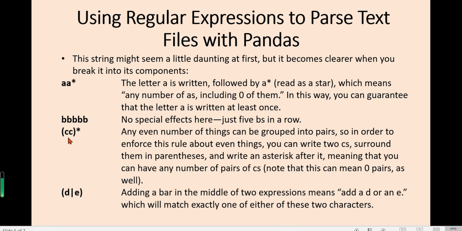And CC in the parentheses is a group, meaning any number of pairs of C's, so an even number of C's, which can occur 0 times, 10 pairs, or 100 pairs.